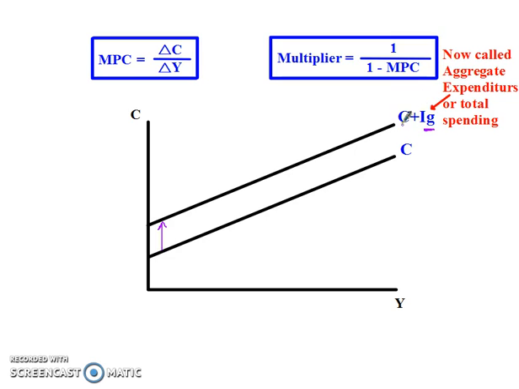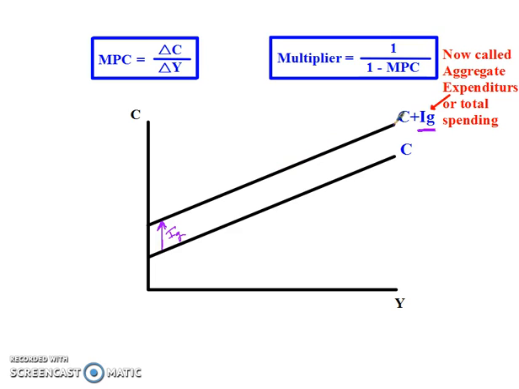Okay, so what's happening here is we had the consumption graph, and the slope of that is the marginal propensity to consume. Now, we didn't change the marginal propensity to consume, but we added some additional spending. So the additional spending or the additional expenditures just causes this whole curve to go up by the amount of gross investment. So this was the consumption function, and now this is what we're going to call aggregate expenditures.